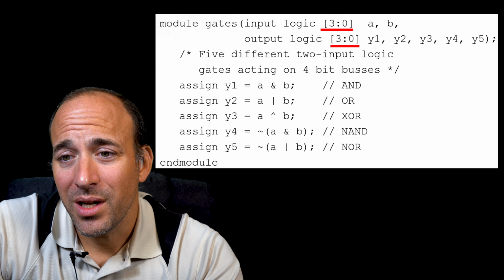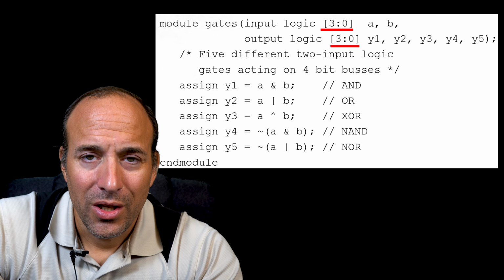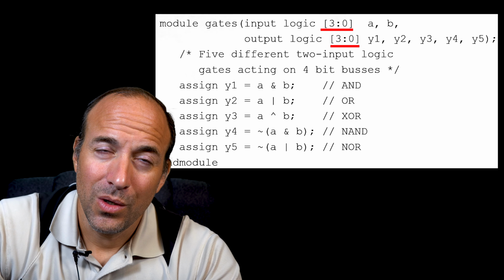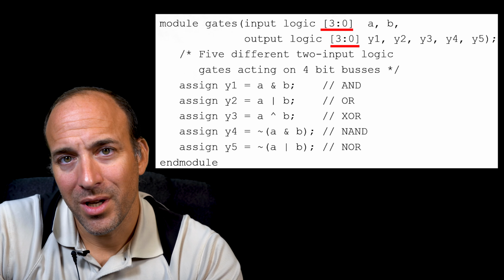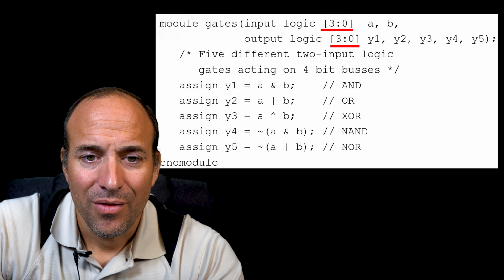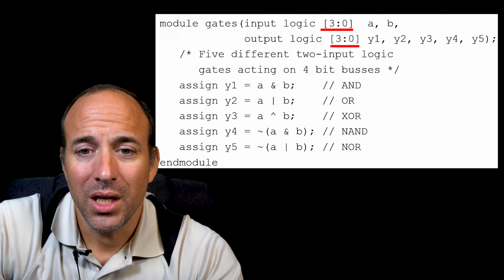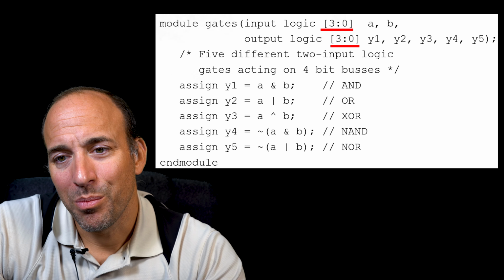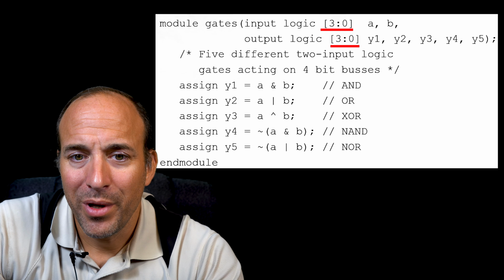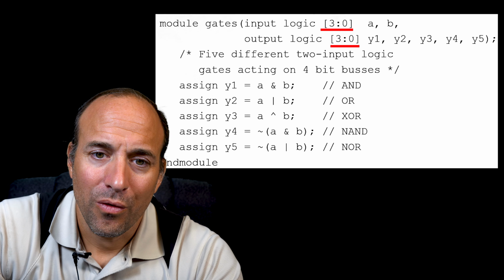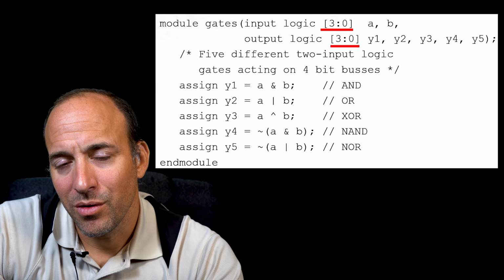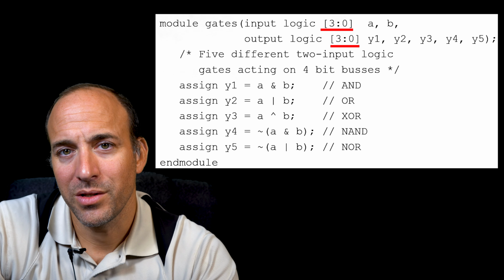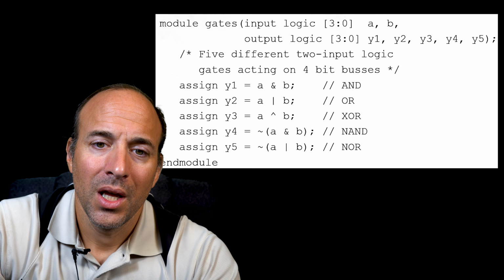And also, instead of just giving the number of bits, you have to use a somewhat arcane syntax where you subtract 1 from the number of bits, followed by a colon, and then followed by a 0. This way, you're providing a range of bit enumerations from most significant to least significant. So for example, 3:0 would be a 4-bit signal because it includes bits 3, 2, 1, and 0.